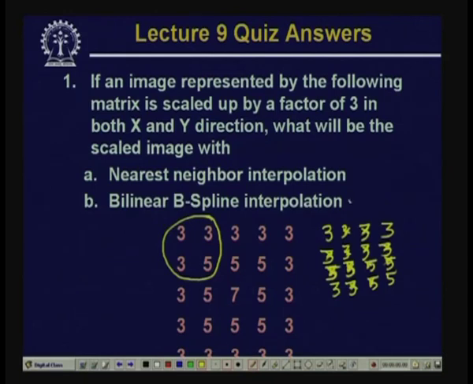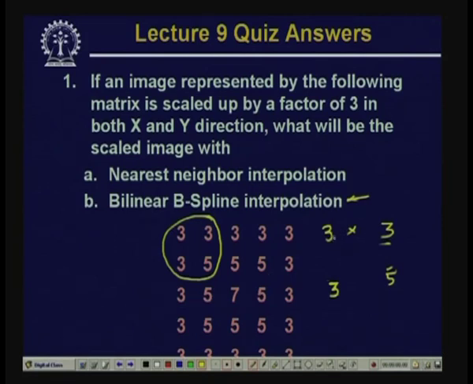If I go for bilinear interpolation, then when I want to fill up these blank locations, here I had the value of 3, here I had the value 5. Whenever I want to fill up this particular blank location, I have to take a linear combination of this pixel and this pixel.